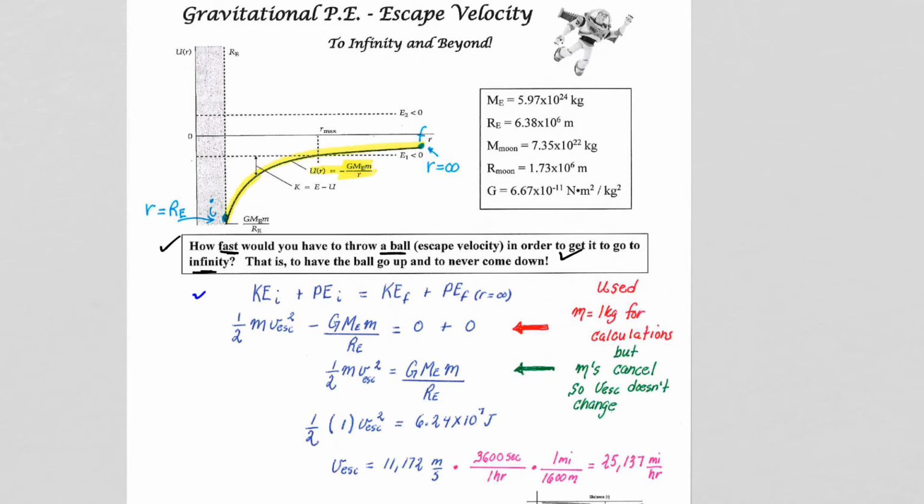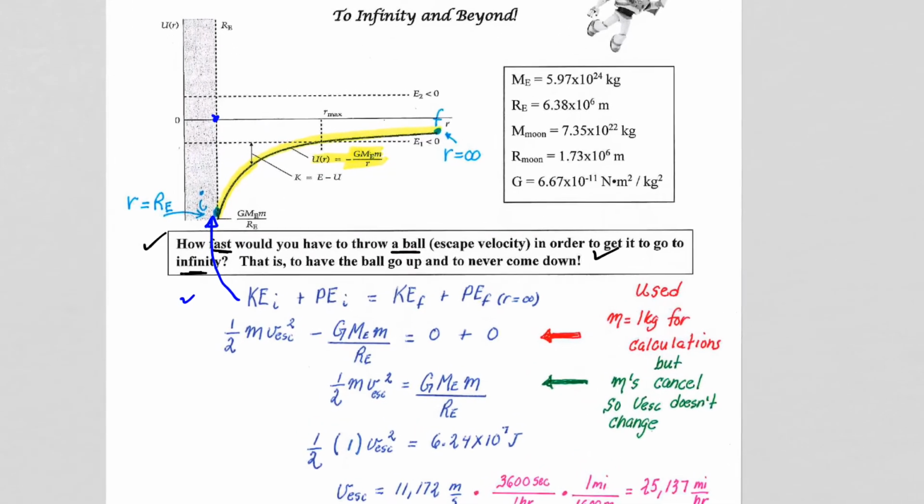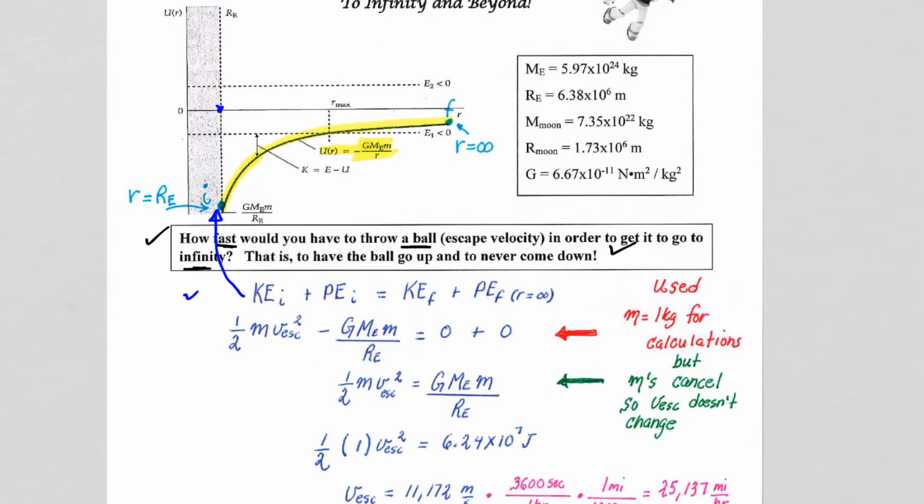Our initial kinetic energy is going to be down here, right at little r equals the surface of the Earth. Our final potential energy is going to be 0. We're going to throw it with just enough speed to get out here to infinity, and it comes to a stop. So our final kinetic energy is 0. Our final potential energy is now maximum valued, right?